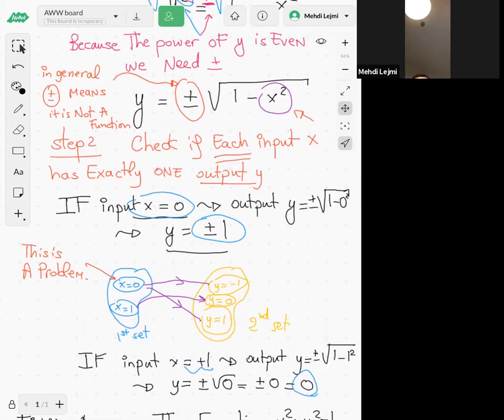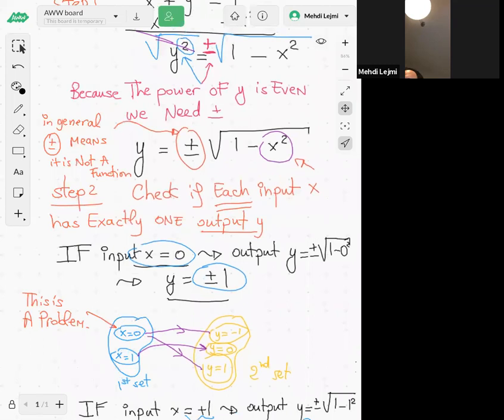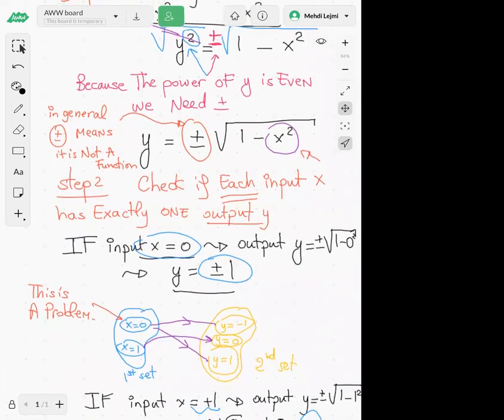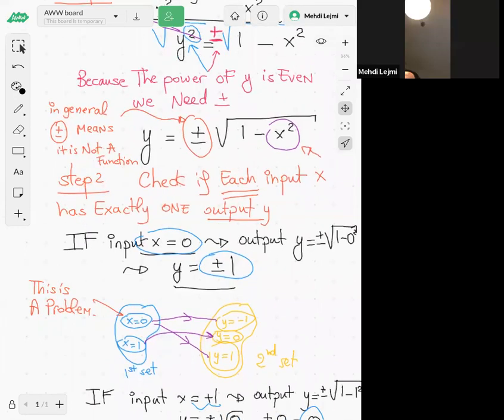But you can also say that because of this plus or minus, the equation is not a function, since in general we're going to have two outputs. All right. Is there any question about this particular example? I'm going to do another one.